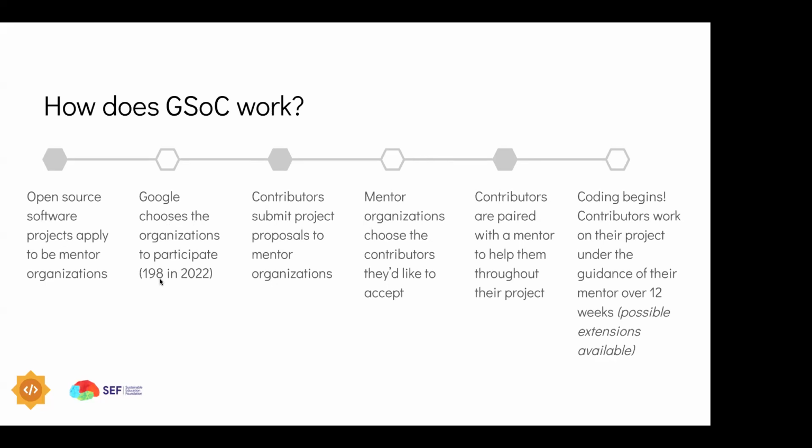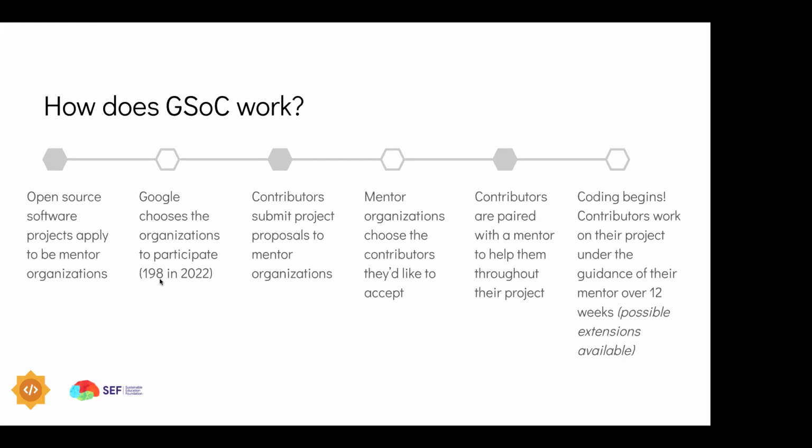Once those mentoring organizations are selected, contributors can start submitting their proposals to these organizations. Then these mentor organizations will go through your proposals, and if they like your solution, they will accept you.